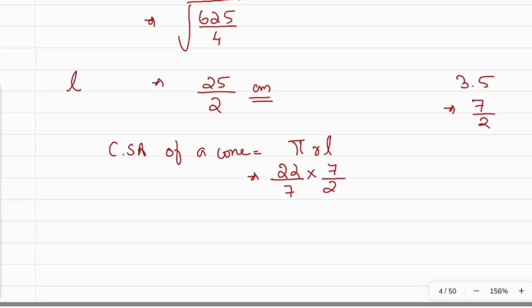So I will write 7 by 2 into l, and I got l as 25 divided by 2. This 7 and 7 I can cancel, this 2 and this 2 I can cancel and write 11, right? So here I can write 25 into 11. How much will I get? It is 275 divided by 2 centimeter square. This much I will get for the CSA of a cone.